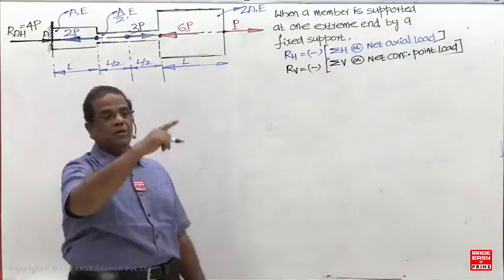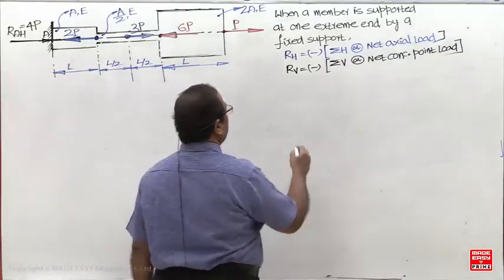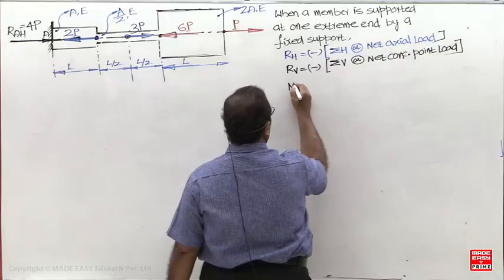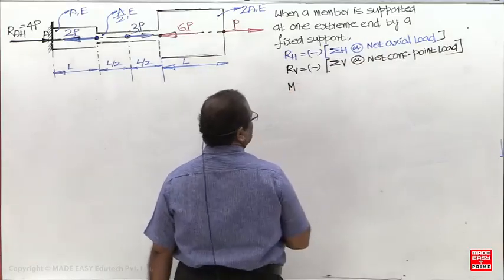Net means the summation of all these. Next, the moment reaction.